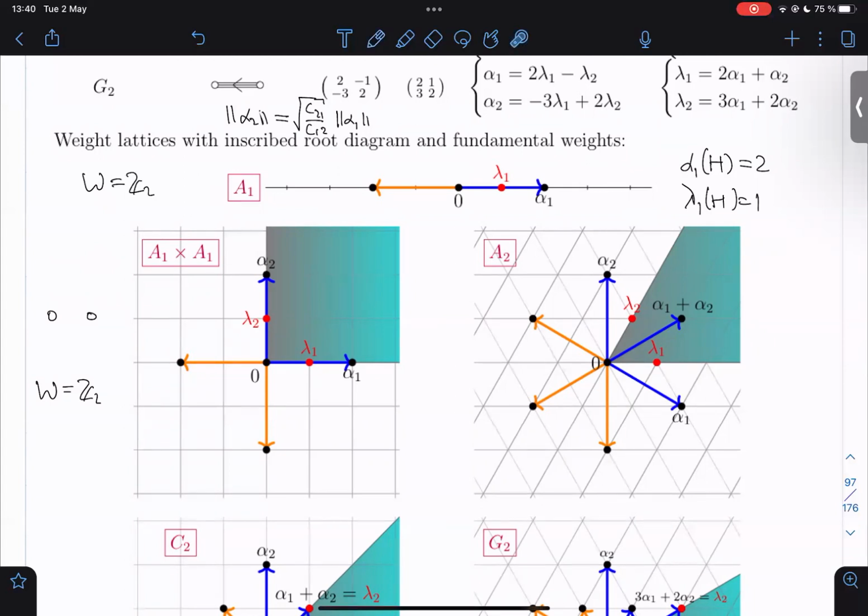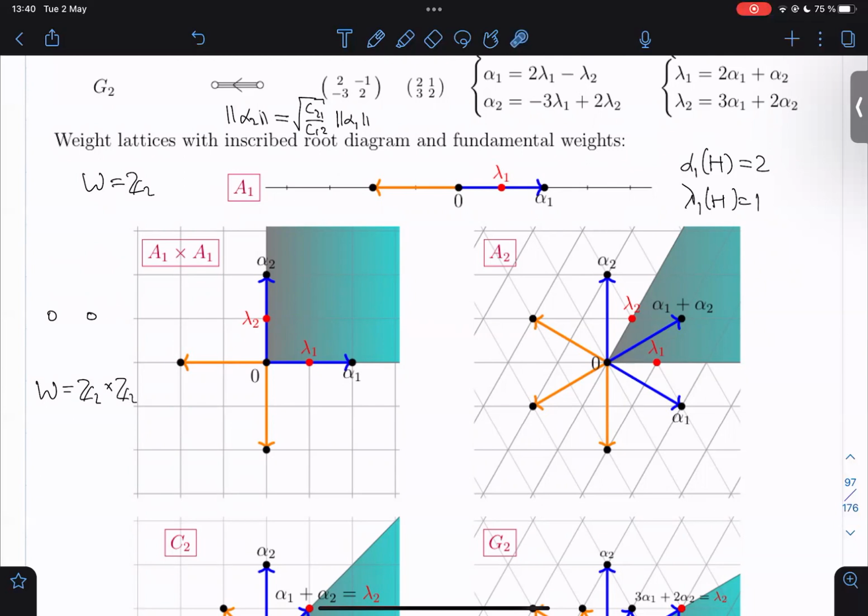It's the flip in the origin, namely passing to negatives. So this gets flipped to that. It's passing to its negatives, interchanging also your notion of highest with lowest. Sorry, I was not finished over here. So the Weyl group is Z2 x Z2.